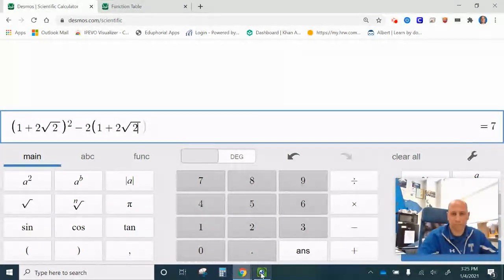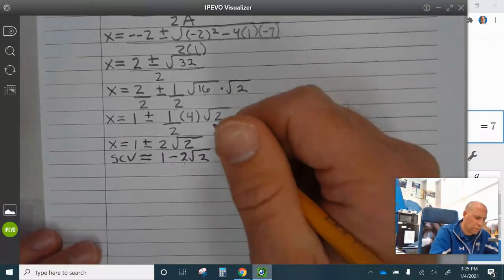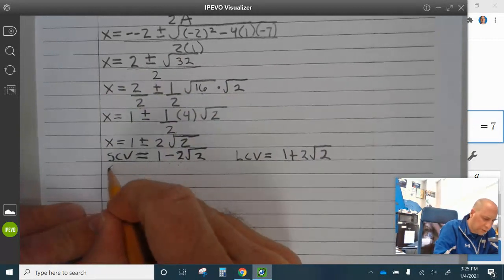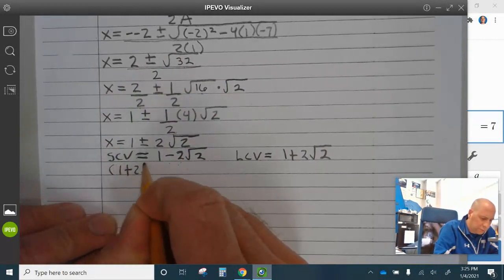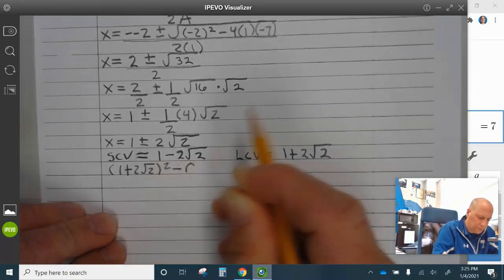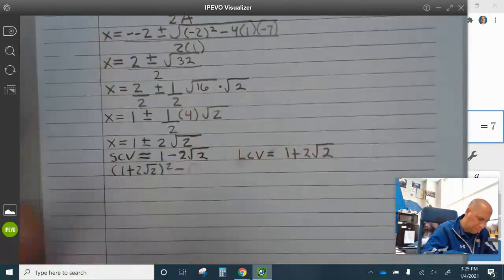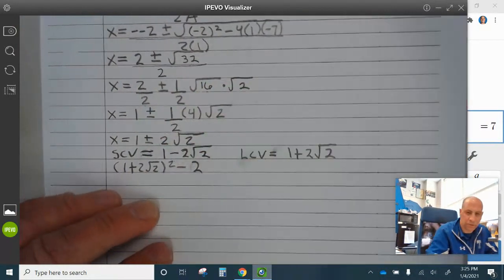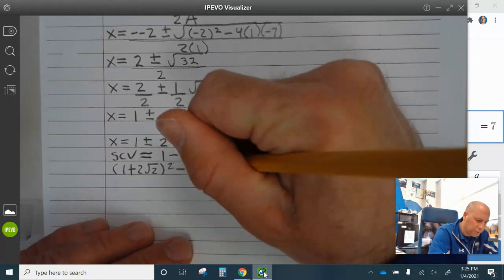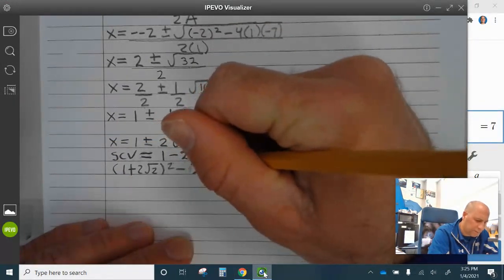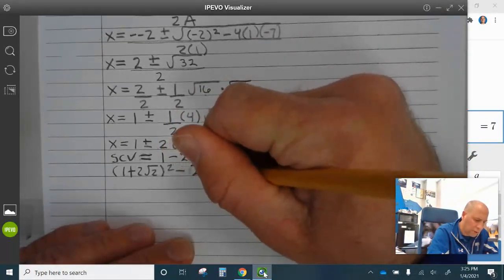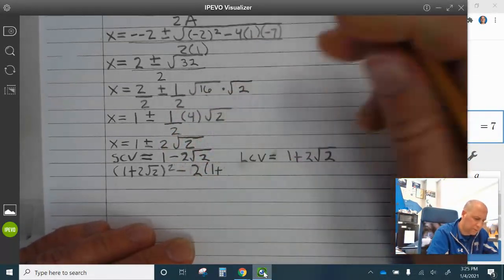Okay, so when we test a small critical value, 1 minus 2 square roots of 2 squared minus 2 times 1 minus 2 square roots of 2, less than 7.